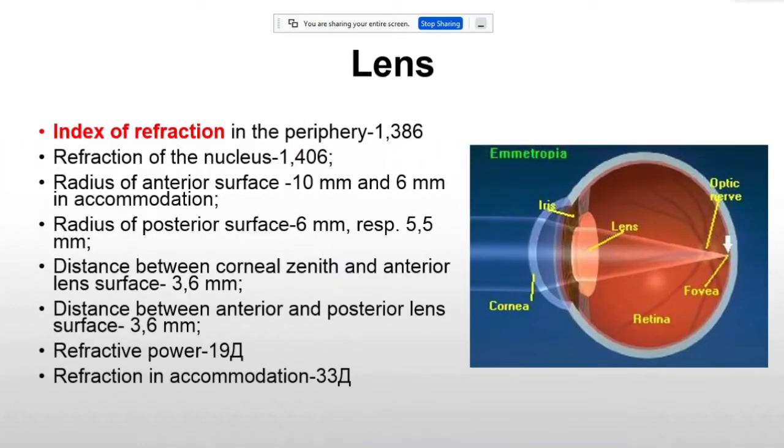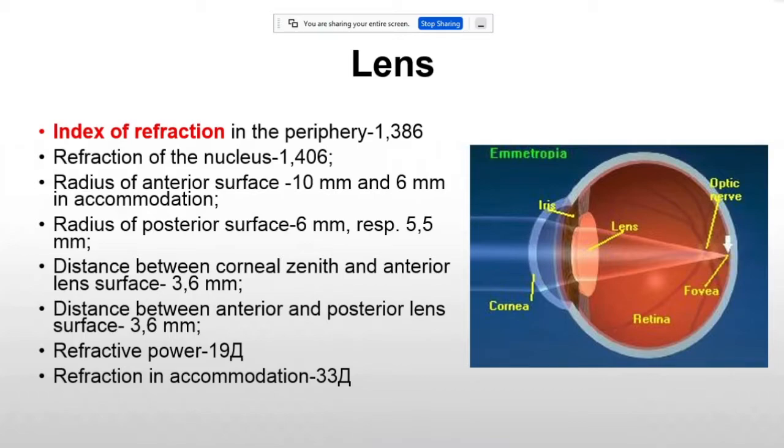The lens is another refraction structure. It has these parameters here, and the importance is that the refraction power of the lens in quiet state is about 19 diopters. And what is accommodation?